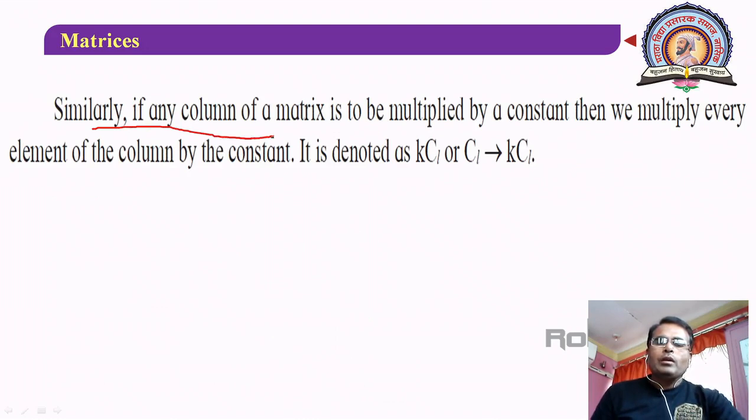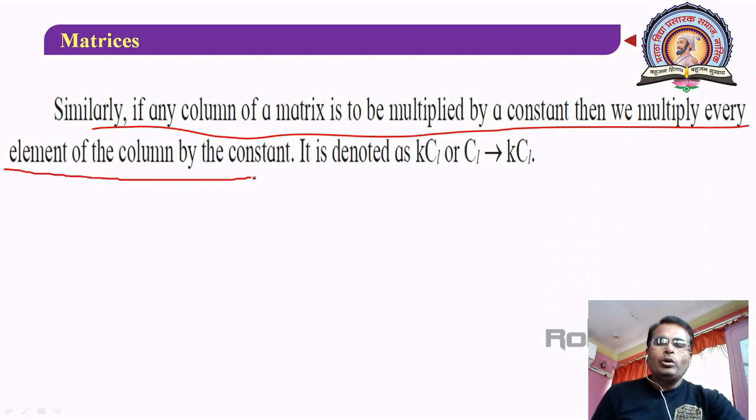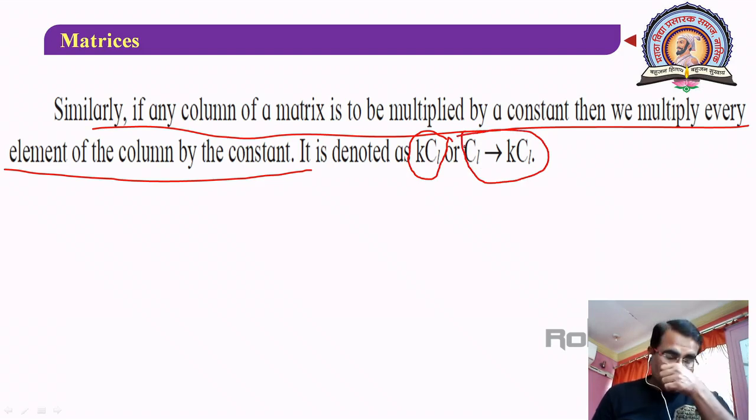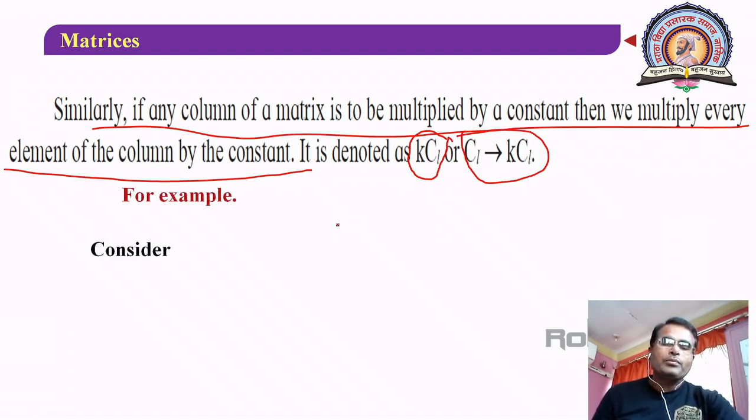Similarly, if any column of a matrix is to be multiplied by a constant, then multiply every element of that column by that constant. And in this case, the notation used is k times Cl, or Cl is taken to k times Cl. Now, let us see what is actually happening in an example.